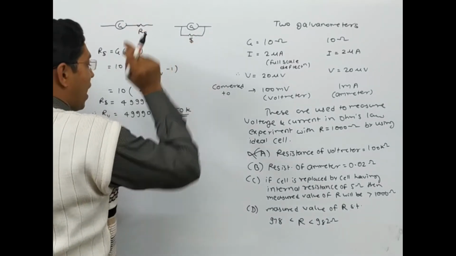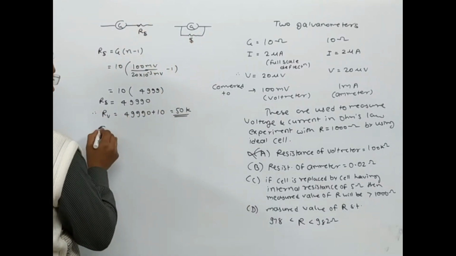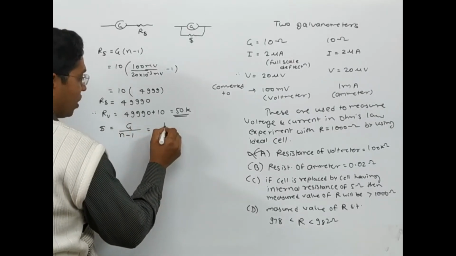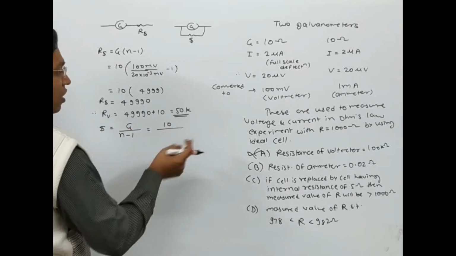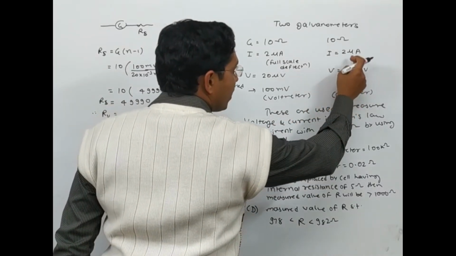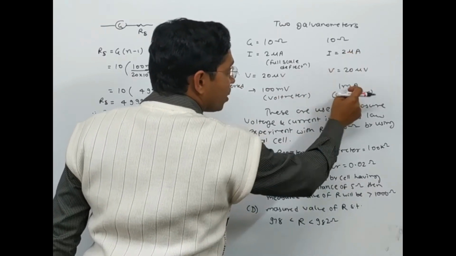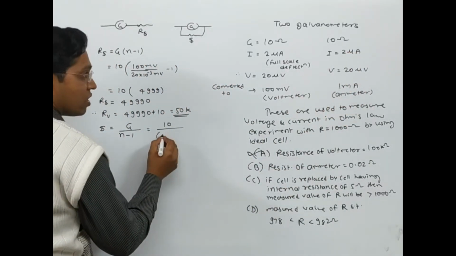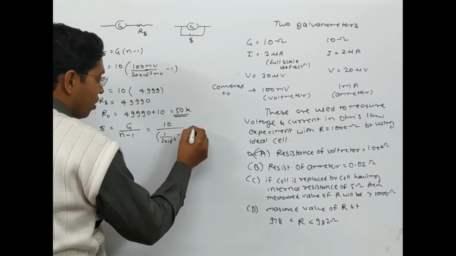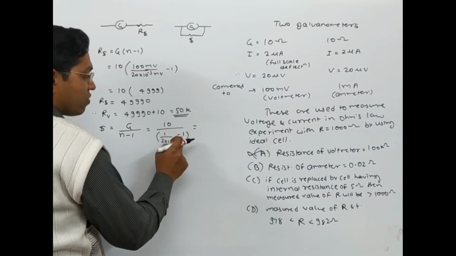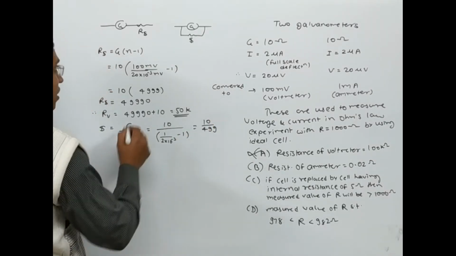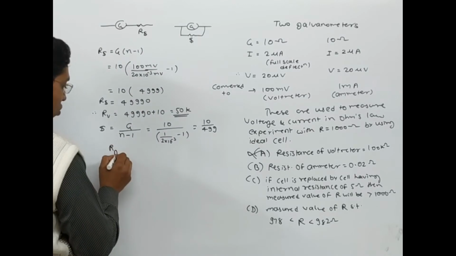Similarly, for the ammeter, the shunt resistance is equal to G upon N minus 1. Here it will be 10 upon N minus 1. Now what is N here? You are increasing the capacity from 2 microampere to 1 milliampere, so N is 1 upon 2 into 10 raised to minus 3, minus 1. It turns out to be 500 minus 1, so 499, meaning S is 10 by 499. Now what will be the net resistance of the ammeter?